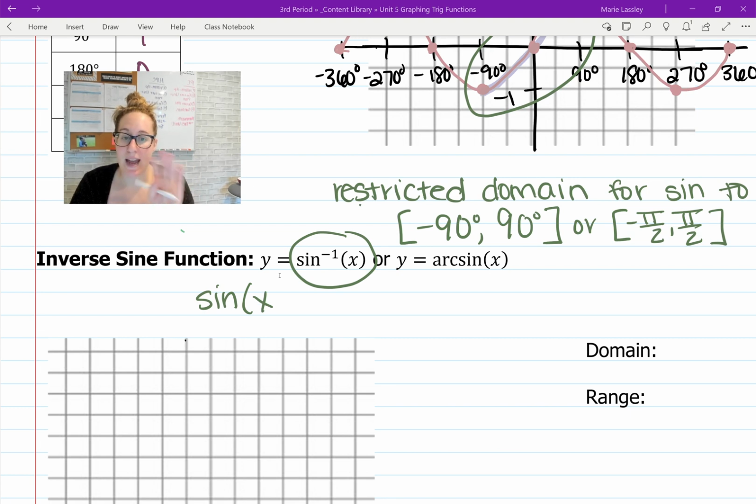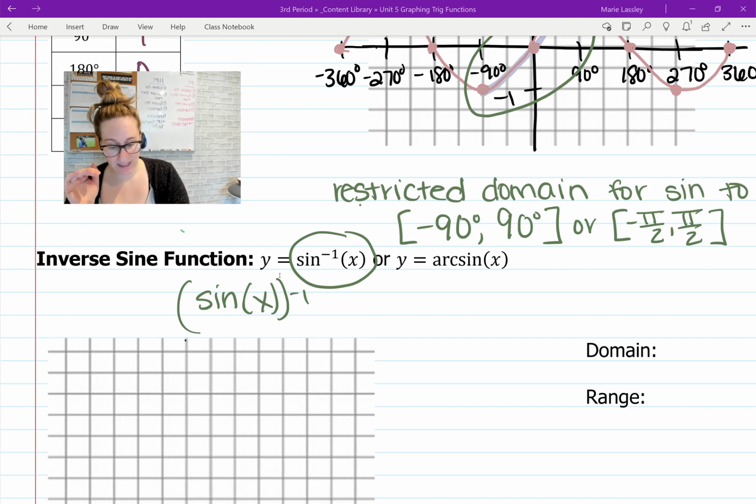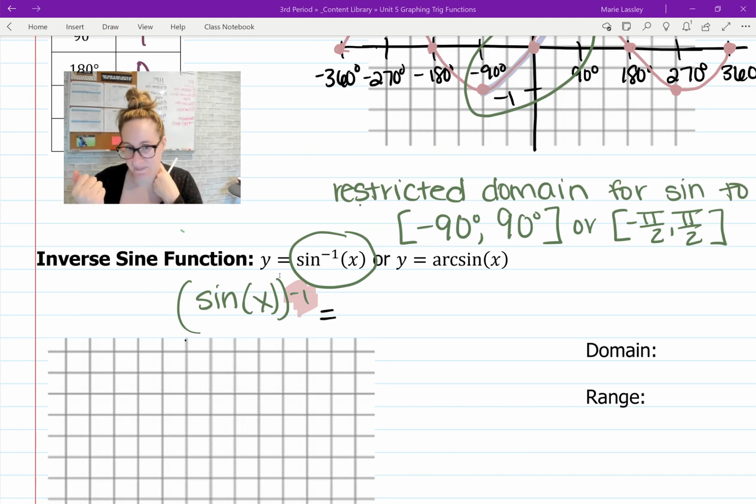The one I just wrote below, where the -1 is on the outside, so you have sine of x and then a -1, indicates reciprocal. So this -1 is an exponent, and we know that negative exponents mean reciprocal, so it's flipped upside down. So this is actually cosecant of x, the reciprocal of sine.